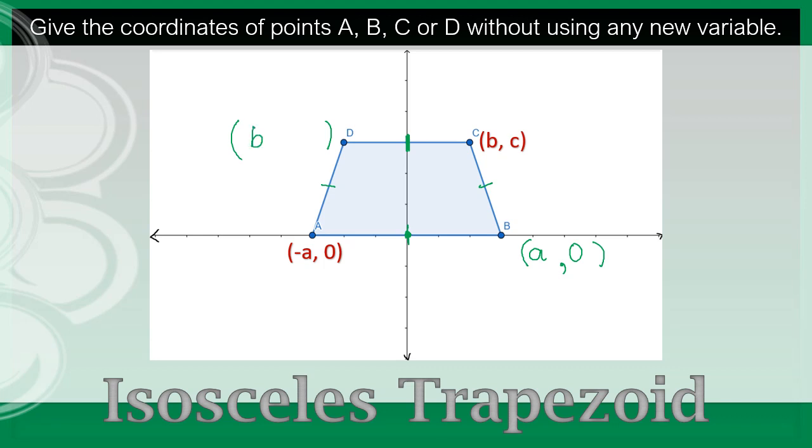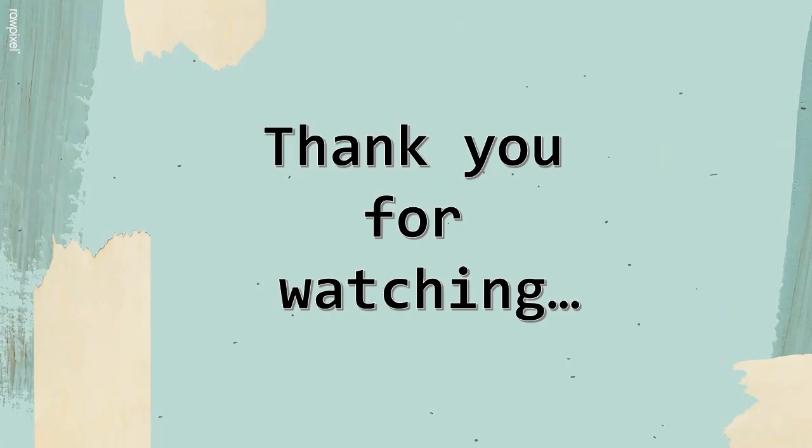Therefore, they have the same coordinates, B and C, but the only difference is, since point D is located on the negative x-axis, its x-coordinate should be negative, and therefore we would have negative B, C. And we're done. And that's it for this video.